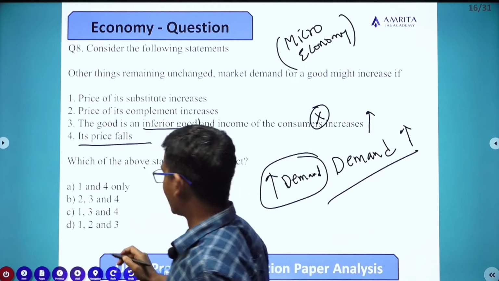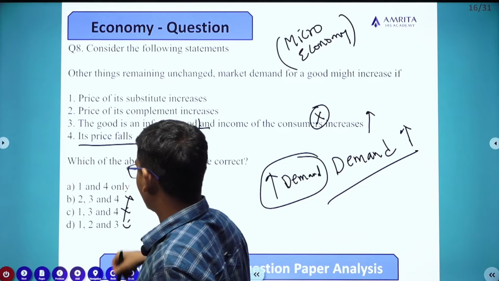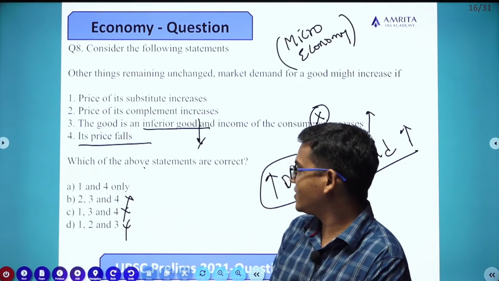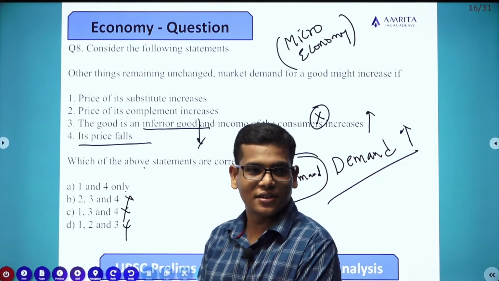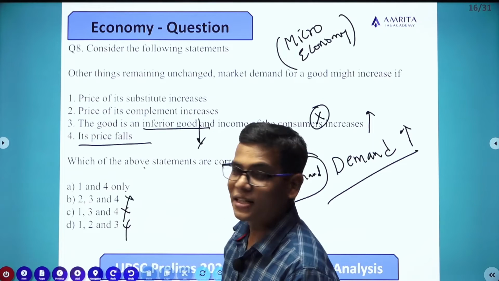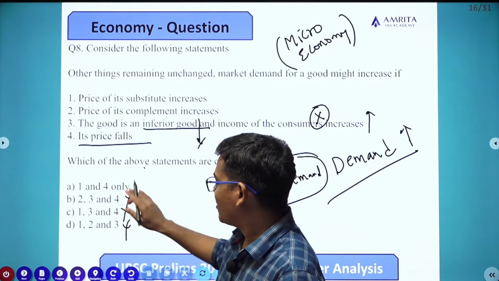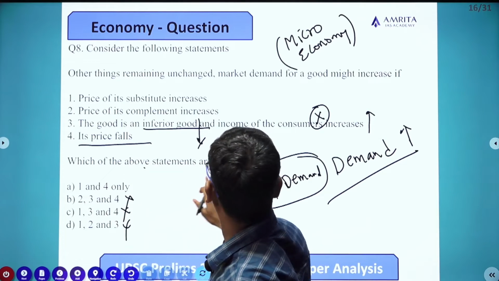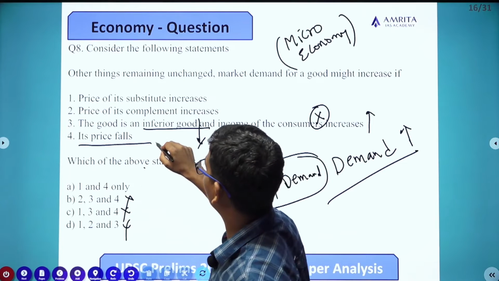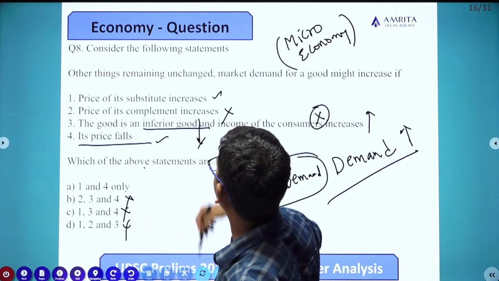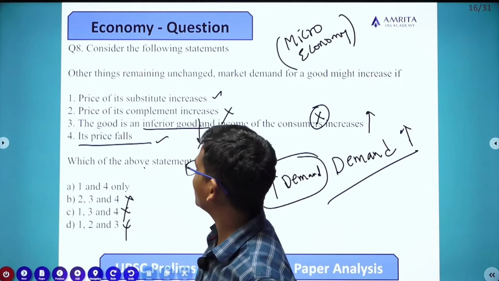So it's wrong, which means you can eliminate B, C, D if you know the definition of an inferior good. Then you can directly go for 1 and 4. Anyhow, 4th is correct. Now 1 is correct, and 2 is wrong. But how is 1 correct and 2 wrong?